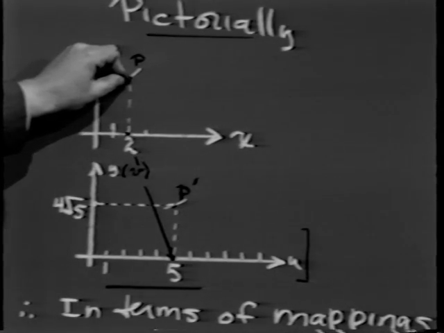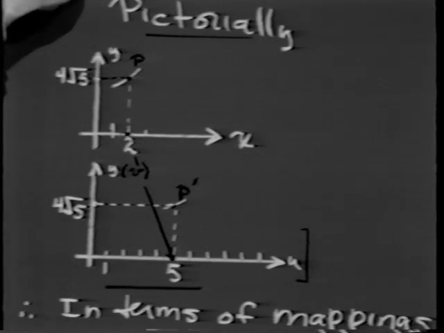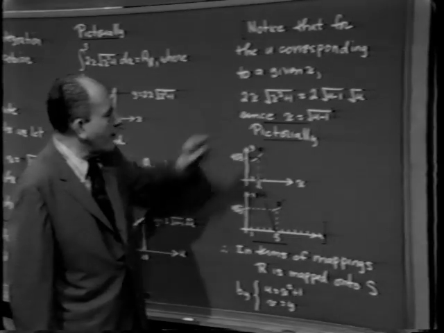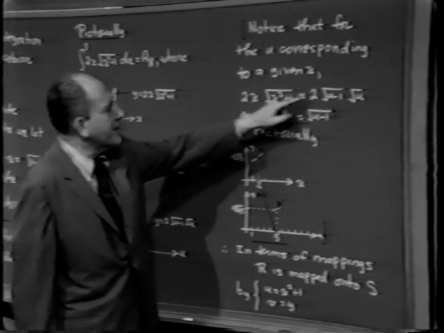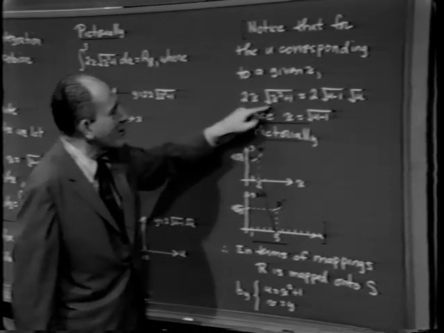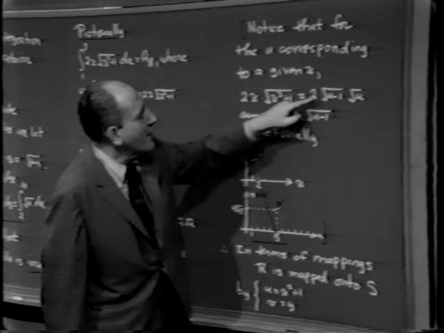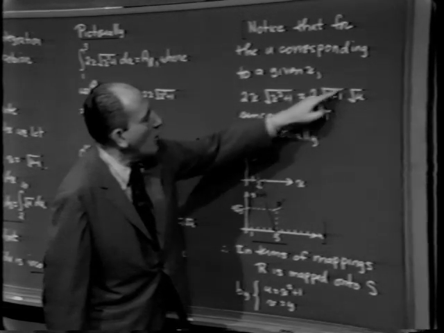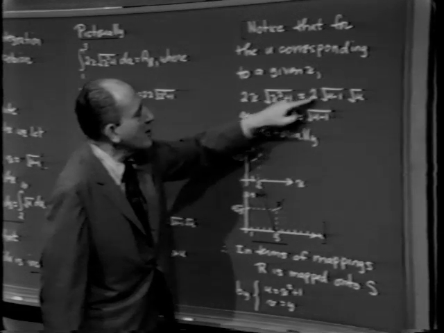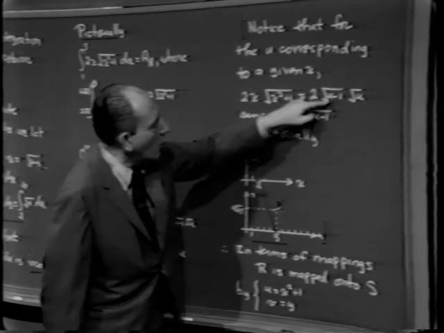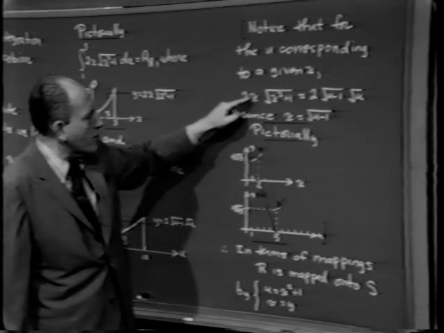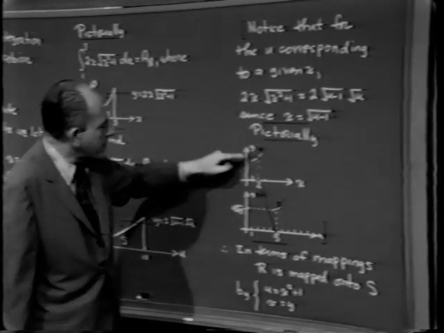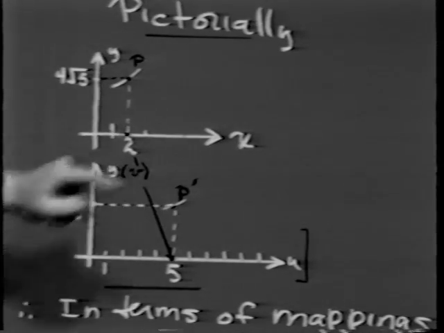The height that went with the point 2 over here was simply, what? 4 square roots of 5. And I claim that that's the same as this, because when x was 2, u is 5, this is 2 square roots of 5, 5 minus 1 is 4, the square root of 4 is 2, so 2 times 2, 4 square roots of 5. It makes no difference whether you're using the x or the u; the point keeps the same height.